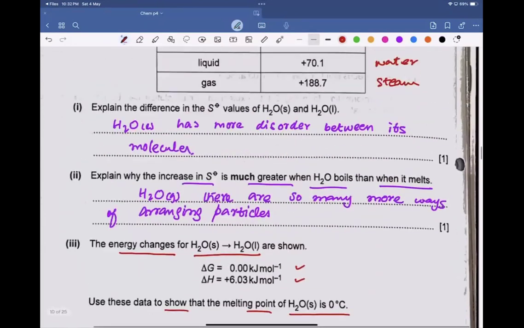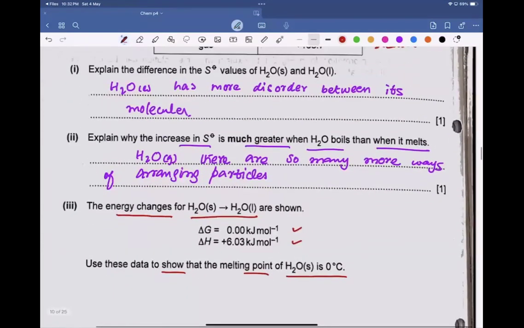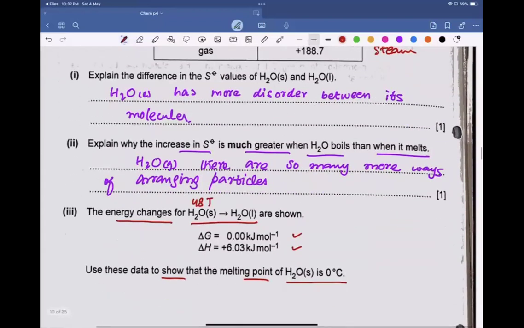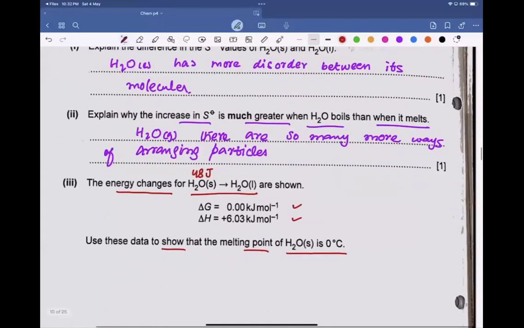So the entropy of a solid is 48 joules, and the entropy of liquid is 70.1 joules.